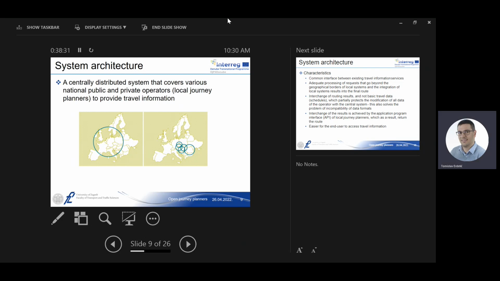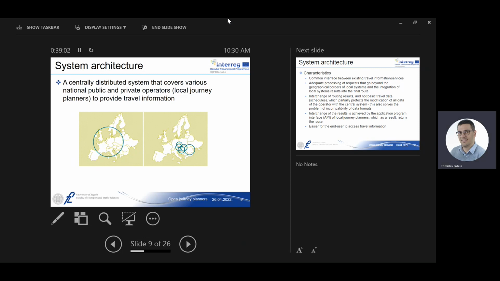So a distributed system for each country, but it's actually not a country. For each local planner that exists in the country that provides information, but we limit it to the one at the level of the country, to have its planner and to interchange, to change information between the other local journey planners.